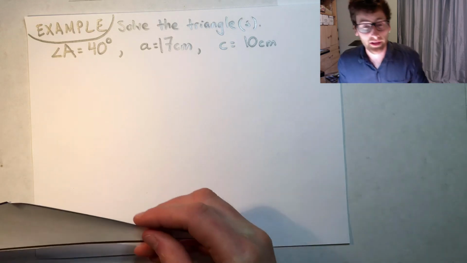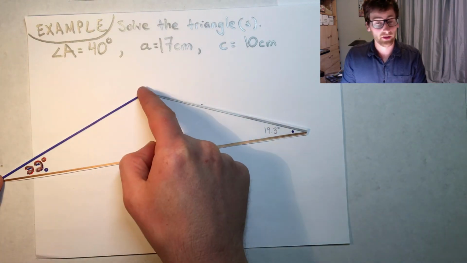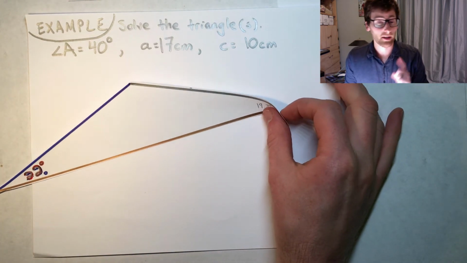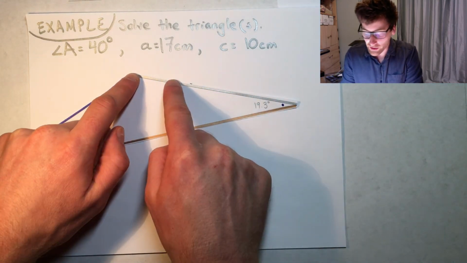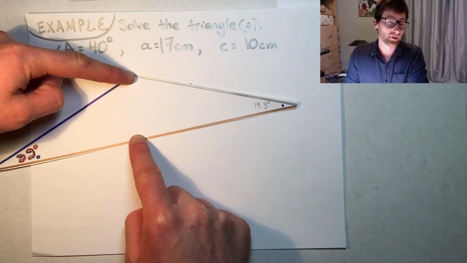Quick recap: we did a first example where one side length was longer than the first side length, and that makes it so that you only have one triangle. We had a second example where this gray line was too short to make it to that brown line, and that means there were no triangles.